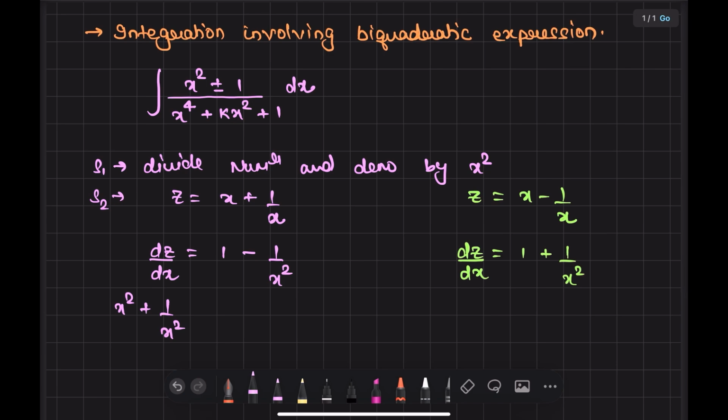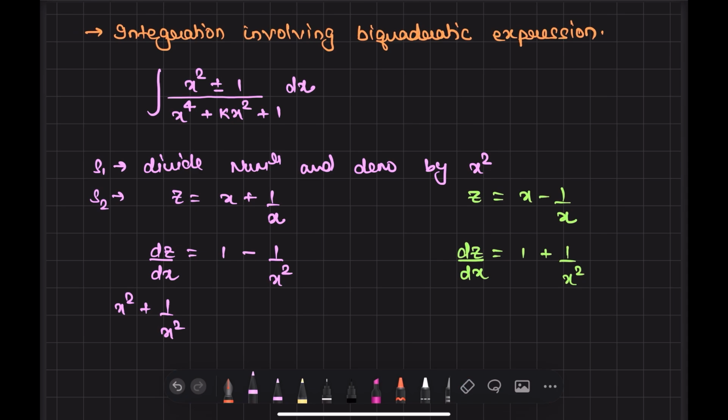You know that here if you divide by x square, you will have x square, and here you will have 1 by x square, or you may have x square minus 1 by x square. So you may end up falling in these two cases, but you will never have this situation. This is always positive.